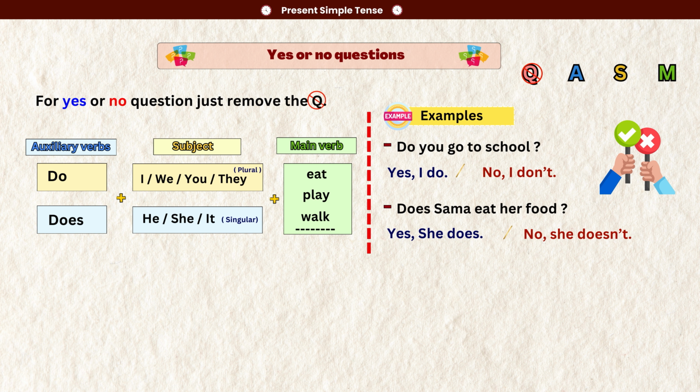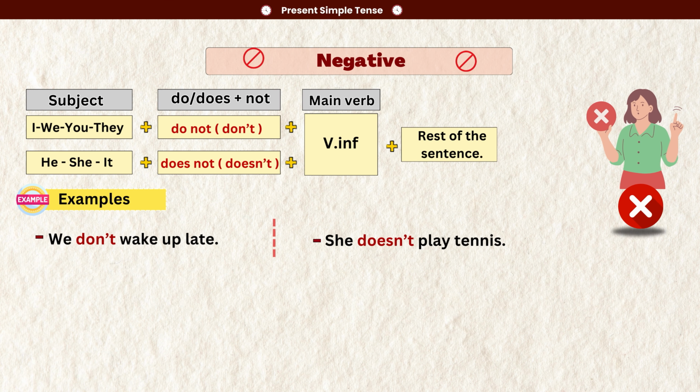Finally, how to make it negative. Do you remember how to make a normal sentence in the present simple tense? We will do the same, just add don't or doesn't after the subject. Now it's negative. We will use don't with I, we, you, they, or plural, and doesn't with he, she, it, or singular nouns.